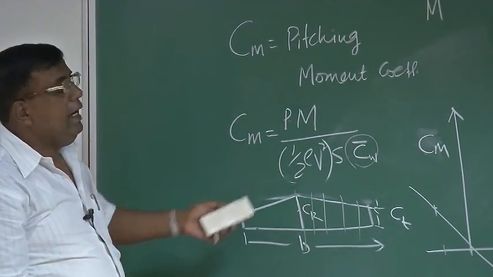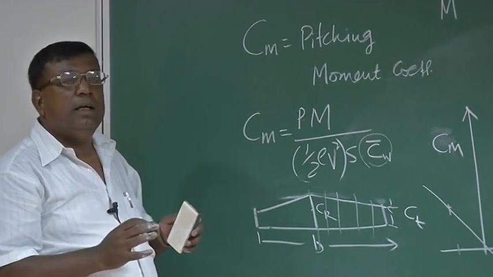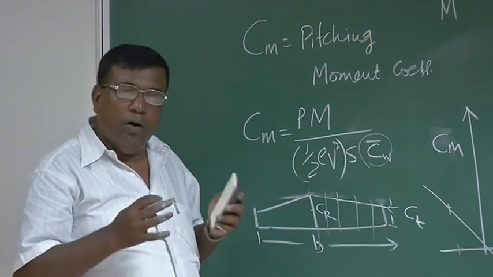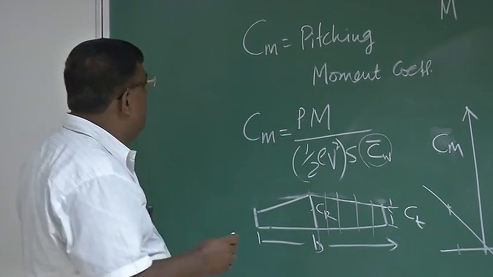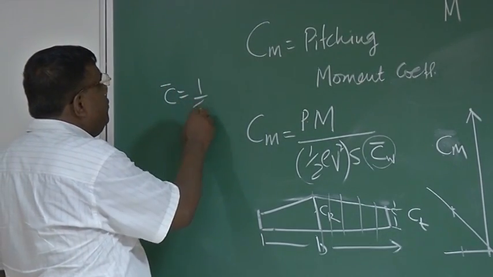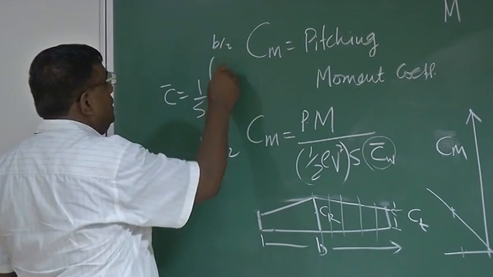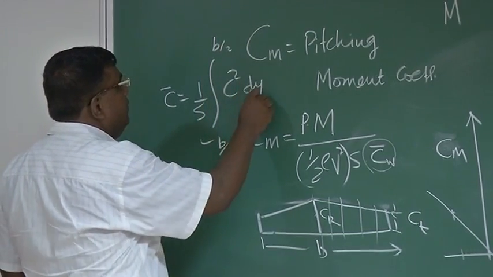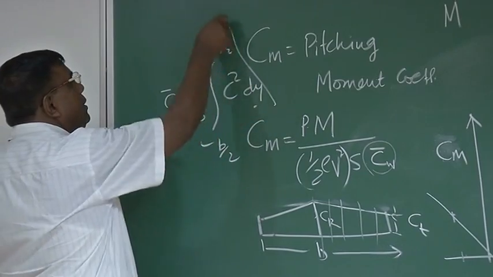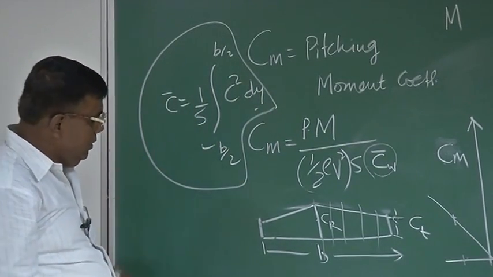With this diagram you can understand that in an average sense, this is a weighted average chord of the wing, and mathematically it is defined as an integral. Don't give too much weightage to the integral now, try to understand its meaning and why it is along the span direction. It is weighted by the chord.